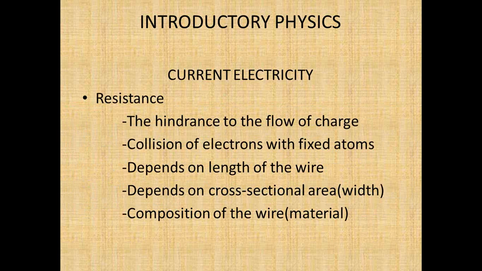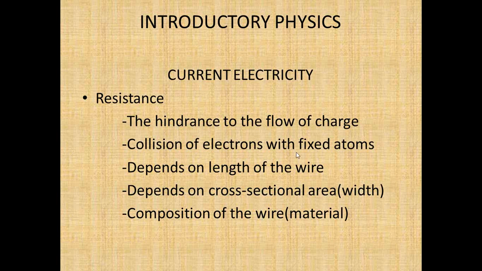So what we know is that resistance is directly proportional to the length of the wire, and it is inversely related to the cross-sectional area or the width of the wire. So the larger the wire, the lower the resistance. The smaller the wire, the greater the resistance. And it is also dependent on the composition, or what material the wire is made of.